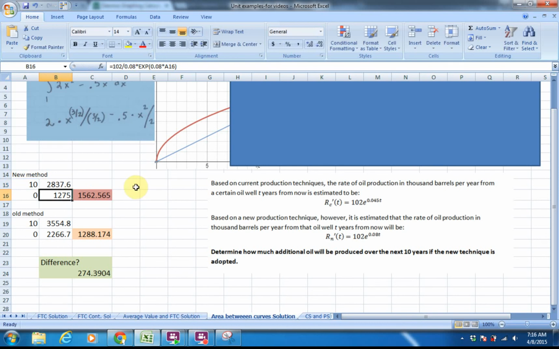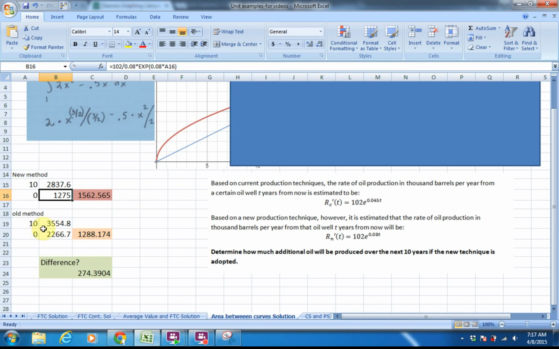We're going to double click that down, and we end up with the amount of oil production with our new method being 1,562.565, and remember that's in thousands of barrels. We could simply multiply this by 1,000, move our decimal point over 3 places, and that would give us millions of barrels.